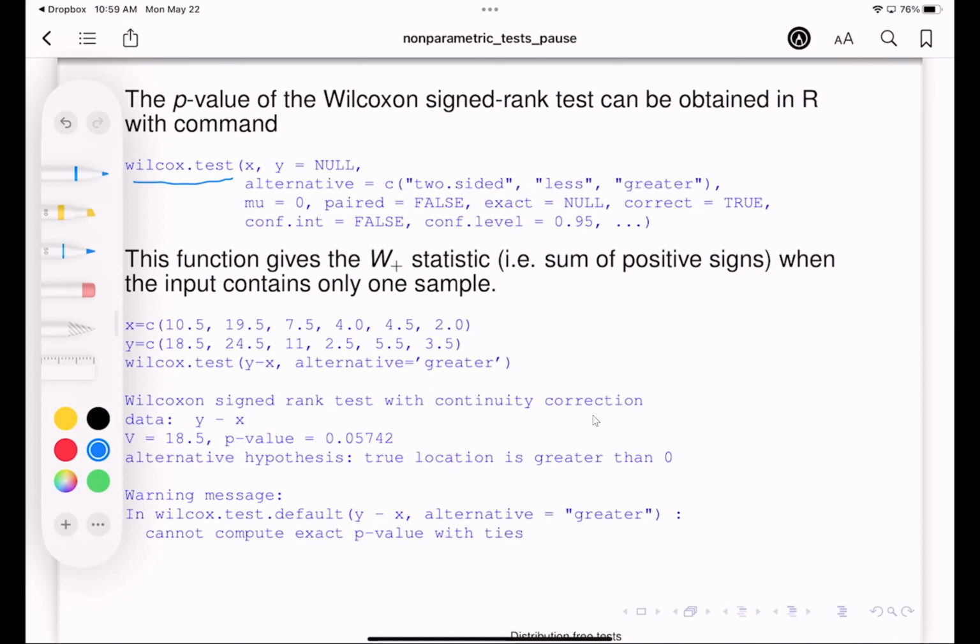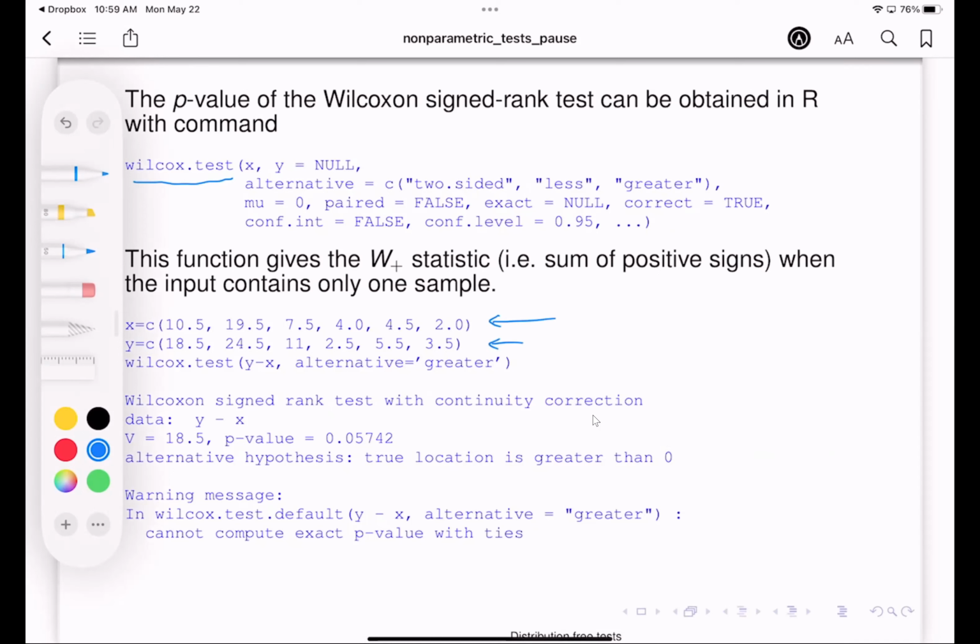In our case, since we have before and after training, we are going to use x equals the set of observations before training, and y equals the set of observations after training. And afterward, we call this wilcox.test.